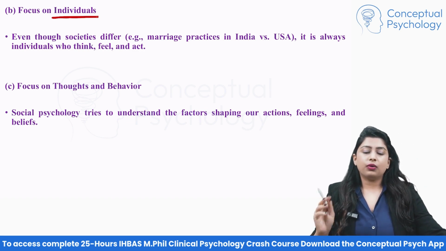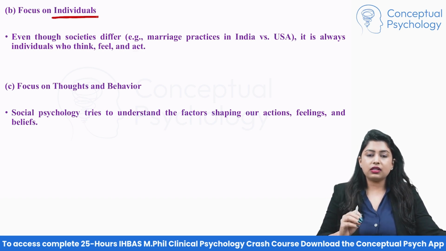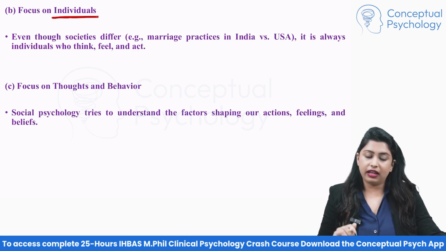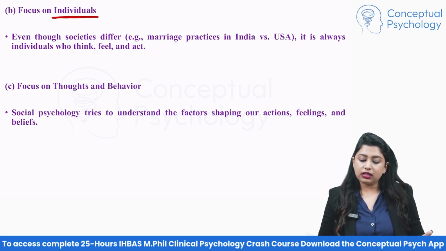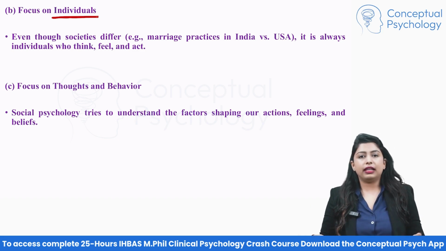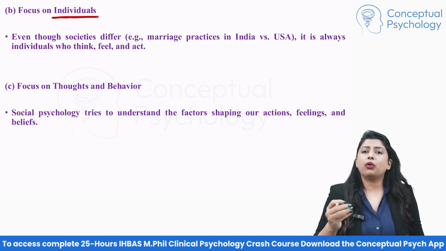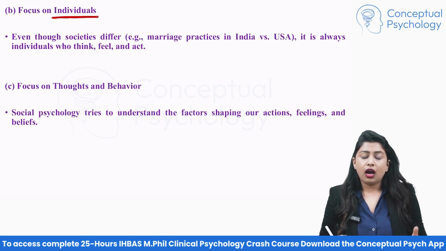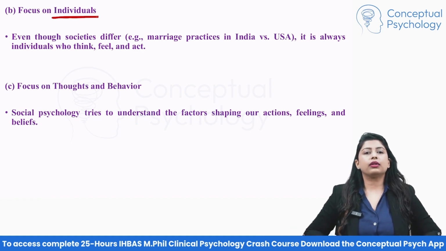The third thing is that social psychology focuses on thoughts and behavior. It tries to understand the factors which shape our actions, feelings, and beliefs. Why do you think that people obey authority? Why do some people help strangers while others ignore them?